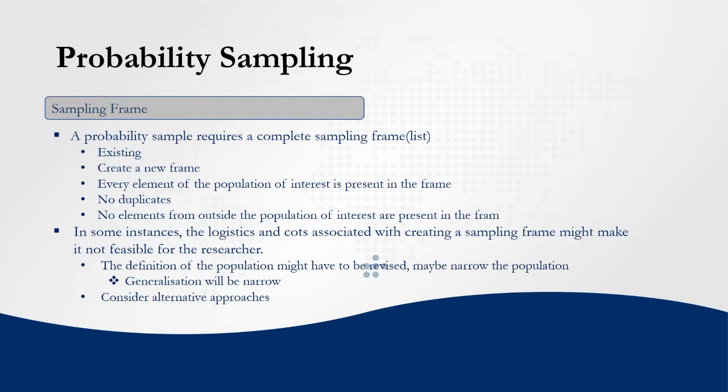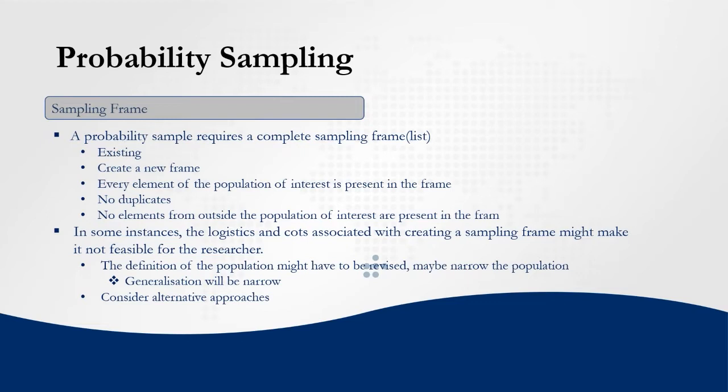You will say this metro was excluded. So your generalizations will also now be narrow, unless you can say that what was excluded is similar to another metro. So you can take what you observed from the metro and infer to the metro that was excluded.